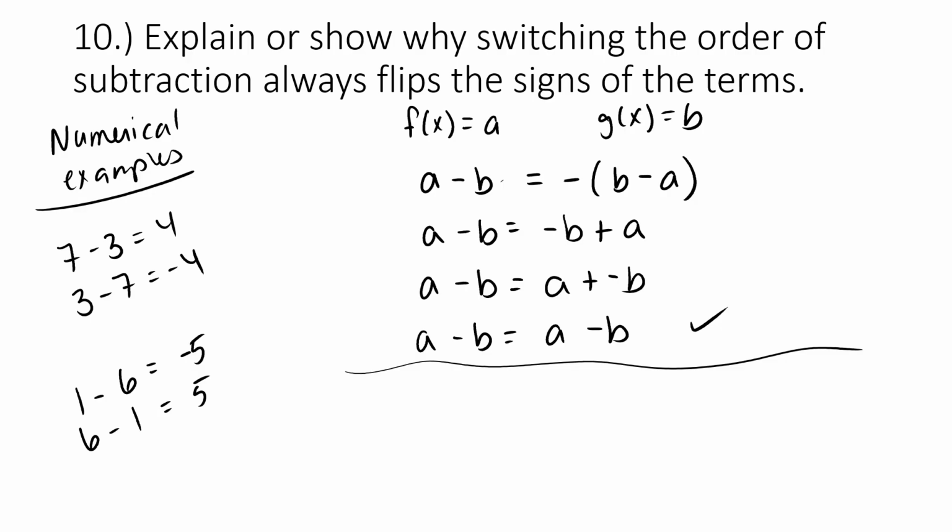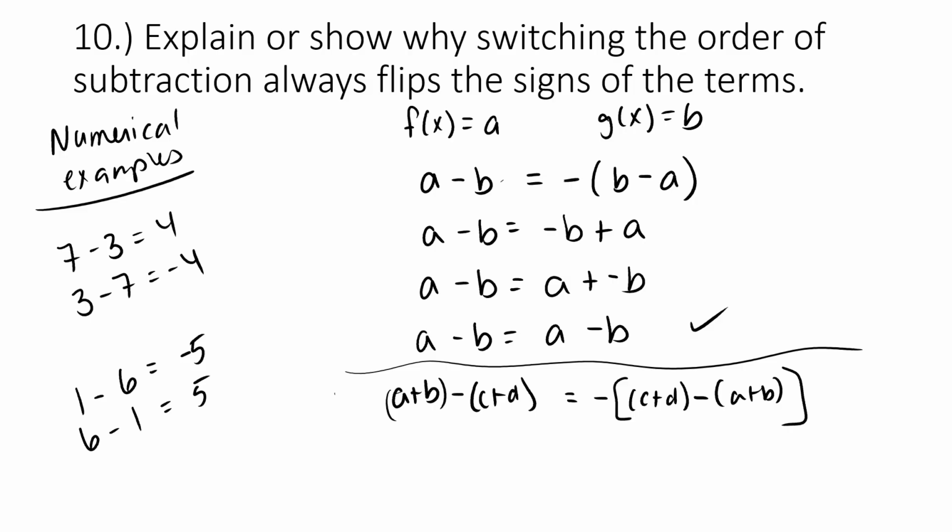It could get really messy, but if we did a plus b minus c plus d, is that going to be the same as negative c plus d minus a plus b? In that case, what I did was make it two terms.